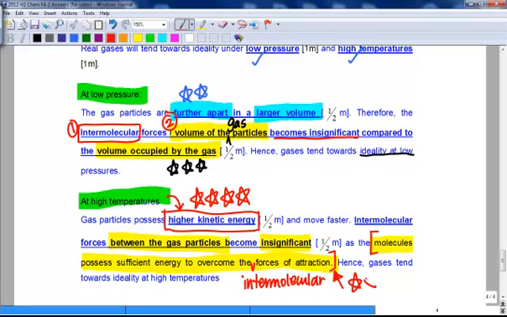So this is still important. Please take note, you need to mention that at higher kinetic energy, molecules have sufficient energy to overcome the intermolecular forces of attraction. So with this we have come to the end of the FA2 corrections.